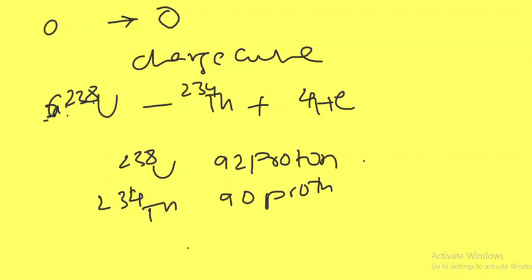And after the reaction we got a helium nucleus, that is the alpha particle, which contains 2 protons. We see that the total charge is 92 before and after the decay. Thus the charge is conserved, which is also a good example for conservation of charge.